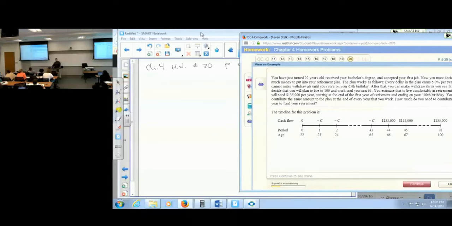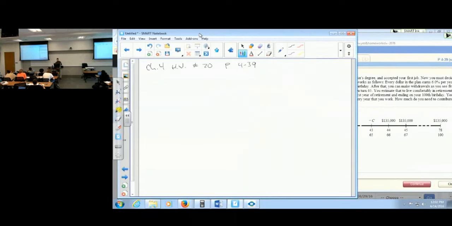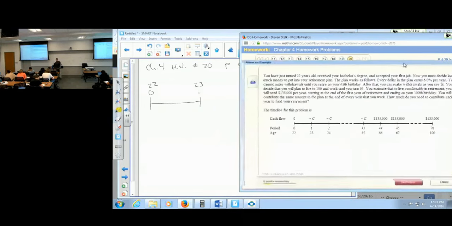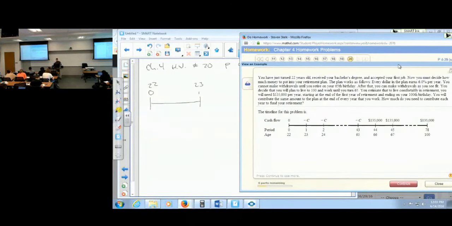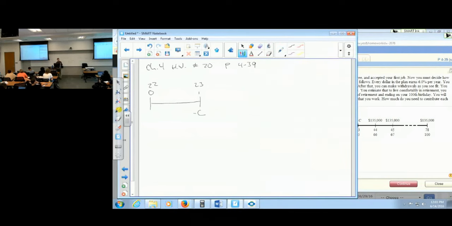All right, they were kind enough to draw out the timeline for us. Let's do our own here. All right, so today, right now, is our 22nd birthday. You contribute the same amount to the plan at the end of every year that you work. So mercifully, we're going to start making payments into this thing one period from now, not right now.